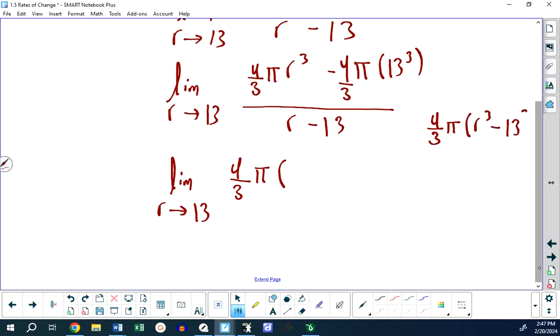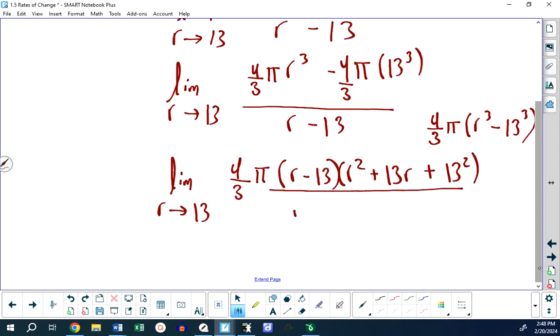I'm going to save us a bit of time here. When I take the 4/3 pi out, I'm left with r cubed minus 13 cubed, which is r minus 13 times r squared plus 13r plus 13 squared. Kablam. We're ready to put in 13.